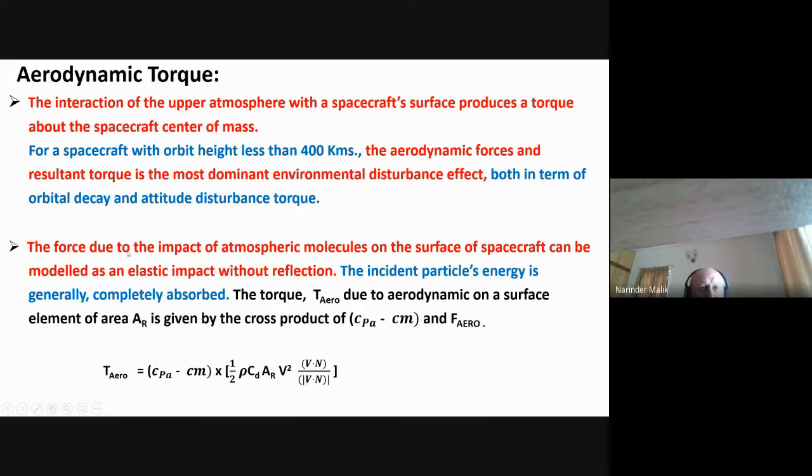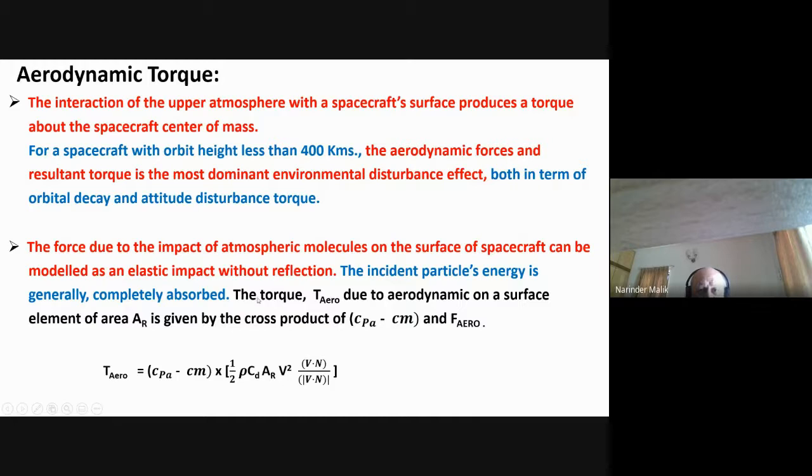The force due to impact of the atmospheric molecules on the surface of our spacecraft can be modeled as an inelastic impact without any reflection. The incident particles' energy is generally completely absorbed.